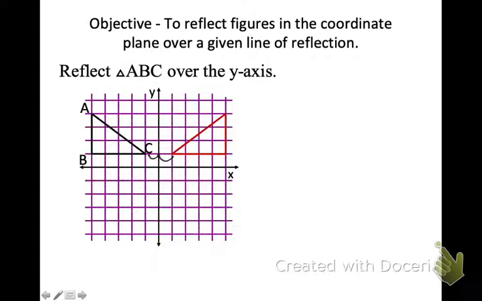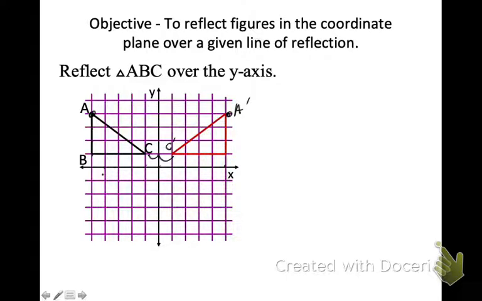That would be C prime. And notice from the origin, A is 1, 2, 3, 4, 5 to the left, and 1, 2, 3, 4 up. So my new A is going to be from the origin 5 to the right, and then up 4. And that would be A prime.